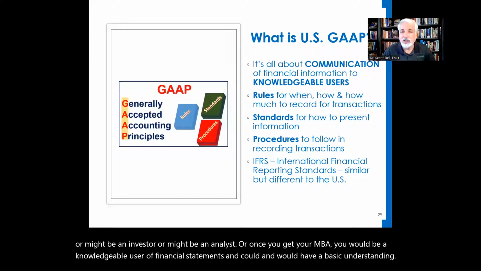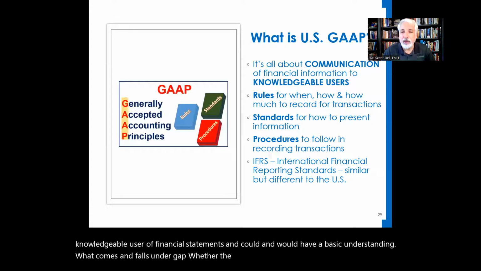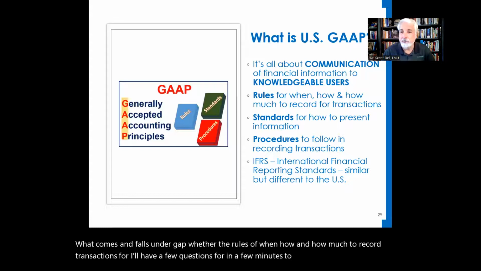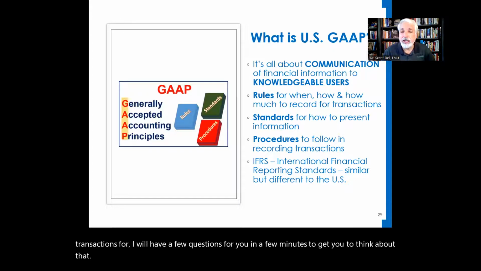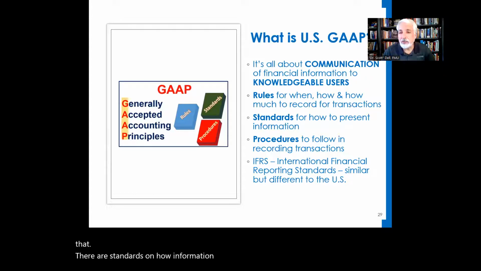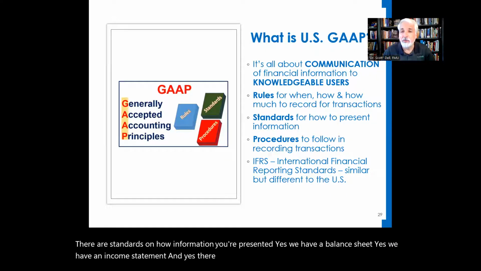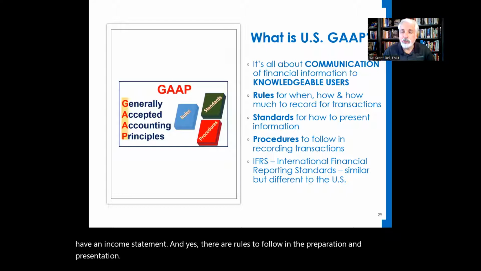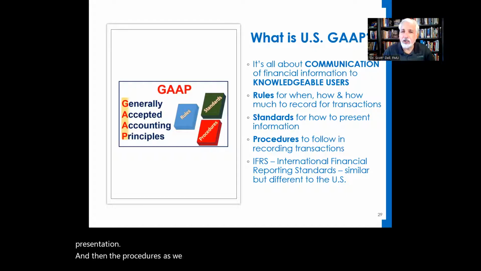What falls under GAAP? Well, they're the rules of when, how, and how much to record transactions for. I'll have a few questions for you in a few minutes to get you to think about that. There are standards on how information is presented. Yes, we have a balance sheet. Yes, we have an income statement. And yes, there are rules to follow in the preparation and presentation. And then the procedures as we record transactions on an ongoing basis. If we buy a business, how do we do it?